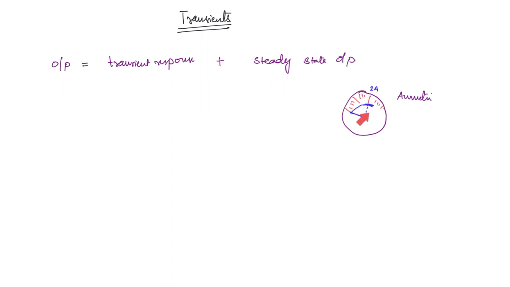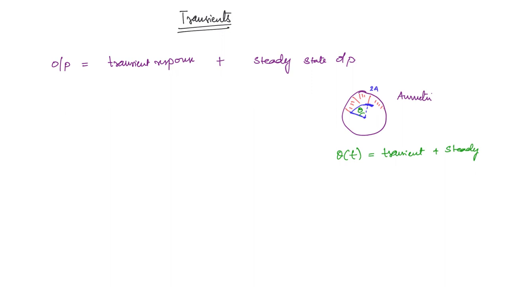So the steady state output is the 2 amperes and the transient part is the swinging. If you take the angle that the pointer is traveling, let us say it is given by theta, then theta of t, as a function of time, will have a transient part which is the swinging plus the steady state part which is settling down at 2 amperes.